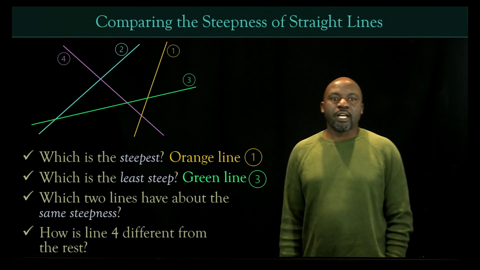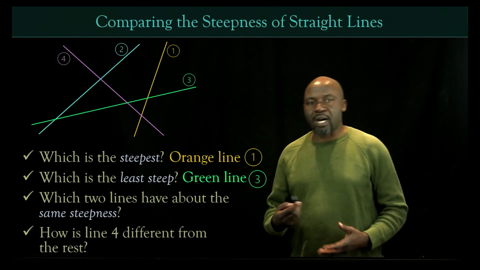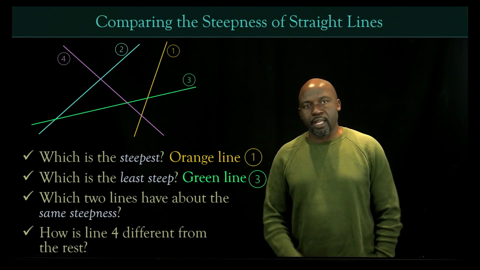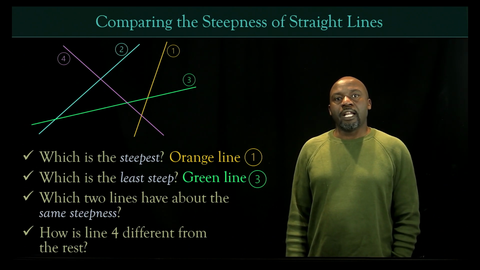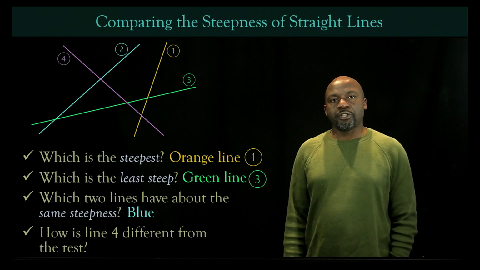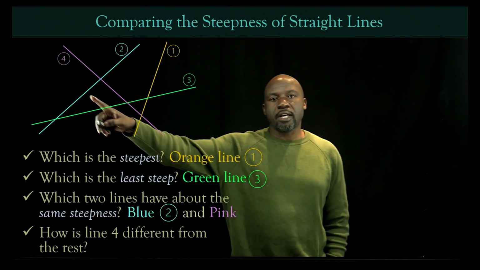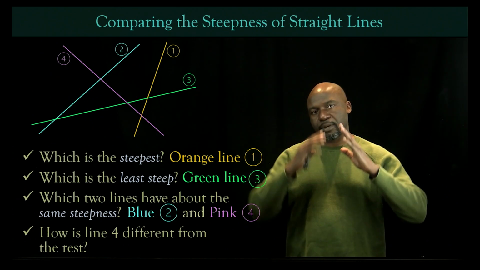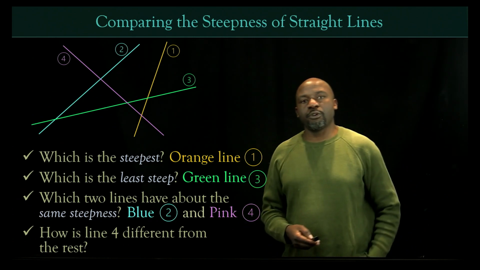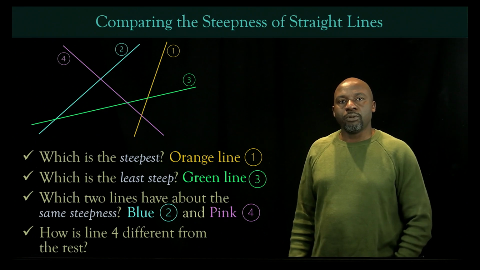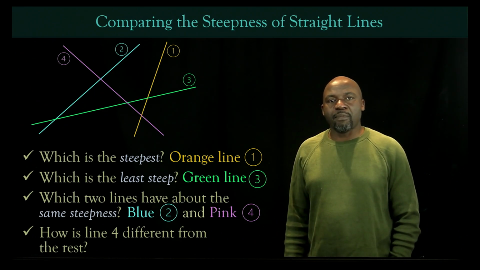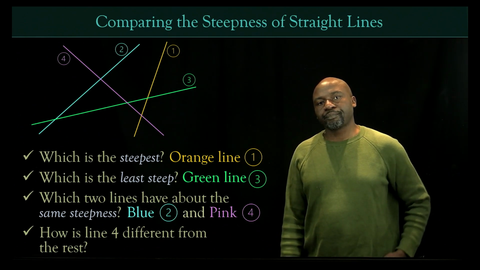Which 2 lines have about the same amount of steepness? The correct answer here would be line number 4 and line number 2. These 2 lines have about the same kind of steepness, except one is facing the opposite of the other. So the blue line and the pink line have about the same amount of steepness.